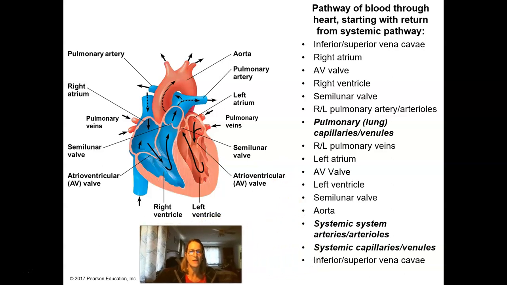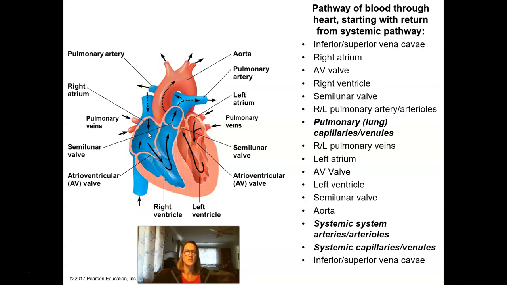Okay, so here I've outlined the entire pathway of the blood through the heart, starting with the return from the systemic pathway, which, if you remember, should be the vena cava. So here, right here, is the inferior and superior vena cava. They're not actually labeled on here, but these are them, okay?